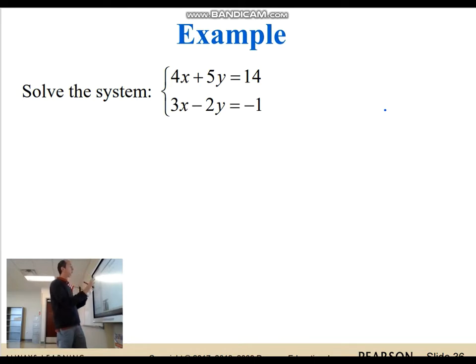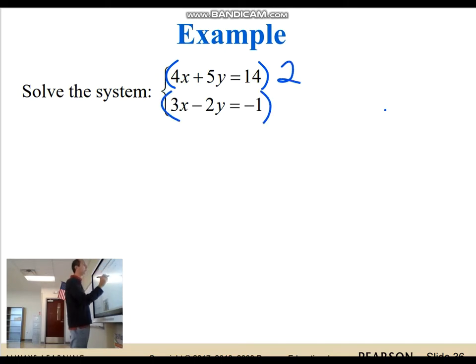So we need to multiply one or both equations by a number that will make the coefficients the same. Let's say we multiply the first equation here by 2, and we multiply the second equation here by 5. The whole equation.